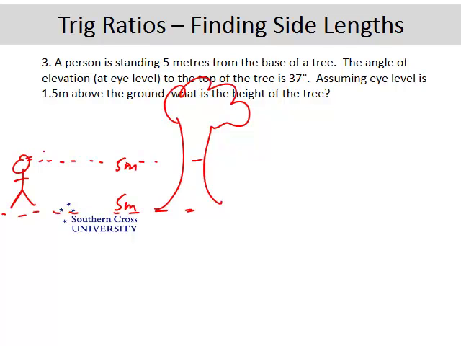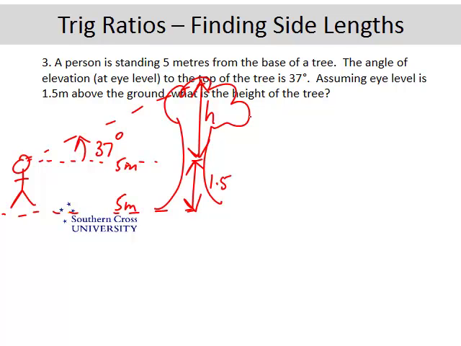And the angle of elevation to the top of the tree, that's this angle here, is 37 degrees. And we want the height of the tree. Well, we know that the height for this part of the tree is 1.5 metres. So let's just find this part and add it to 1.5.